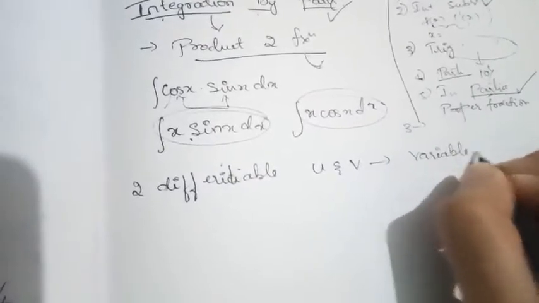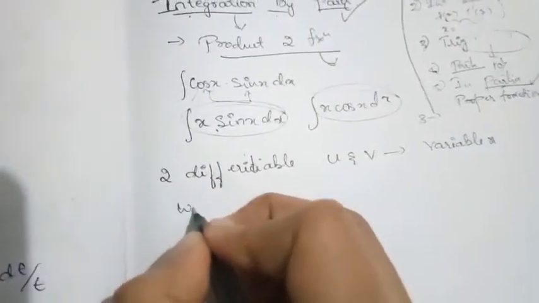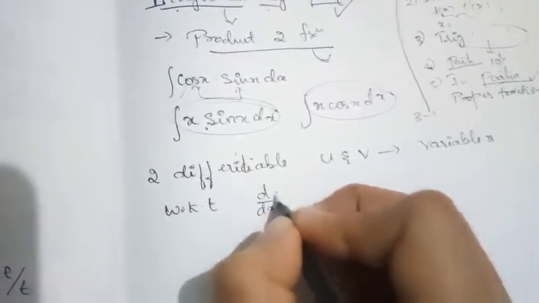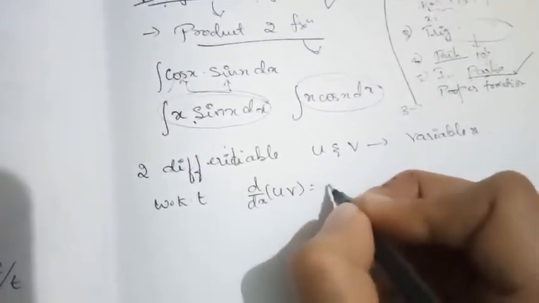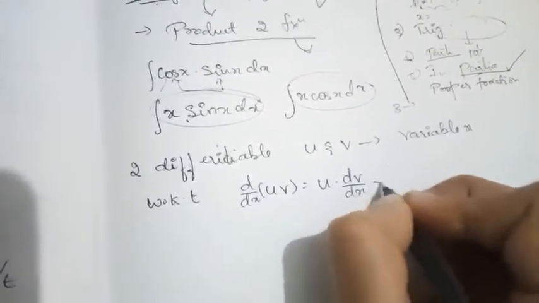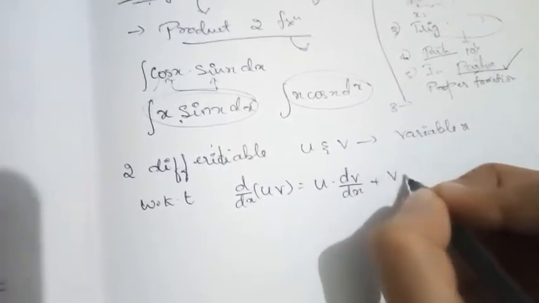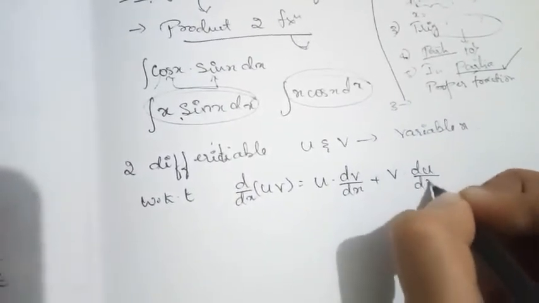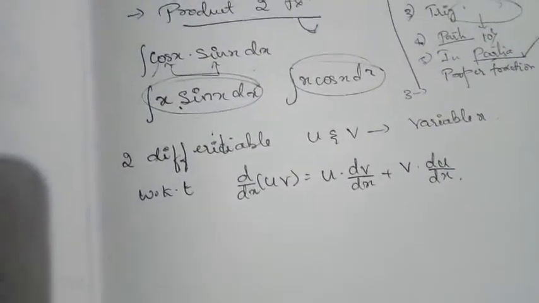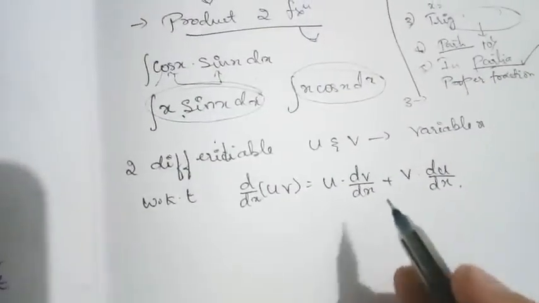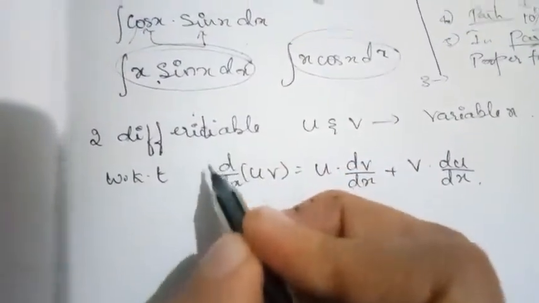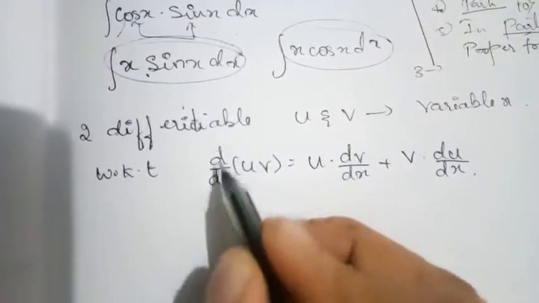We know the product rule, that is d by dx of uv: first function times the differentiation of the second, plus second function times the differentiation of the first. This is the product rule which we already knew. Suppose I integrate on both sides, what happens?